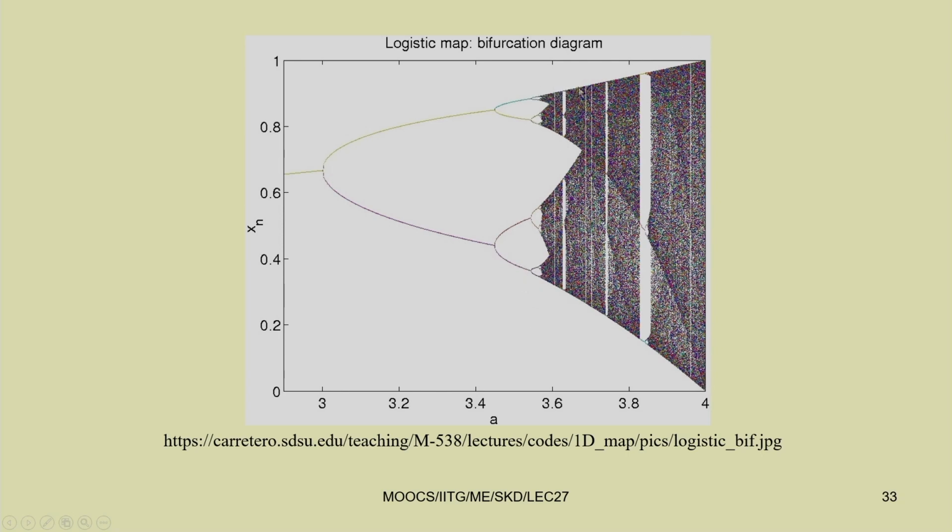In this chaotic regime you have seen some windows of periodic response. By varying the system parameter, you can operate the system at different types of response: single periodic, 2 periodic, 4 periodic, or the chaotic regime.